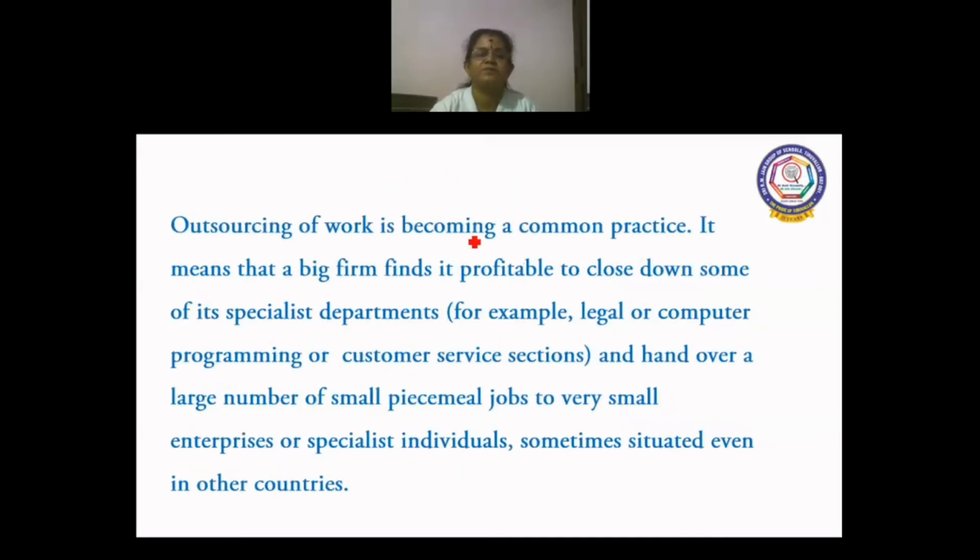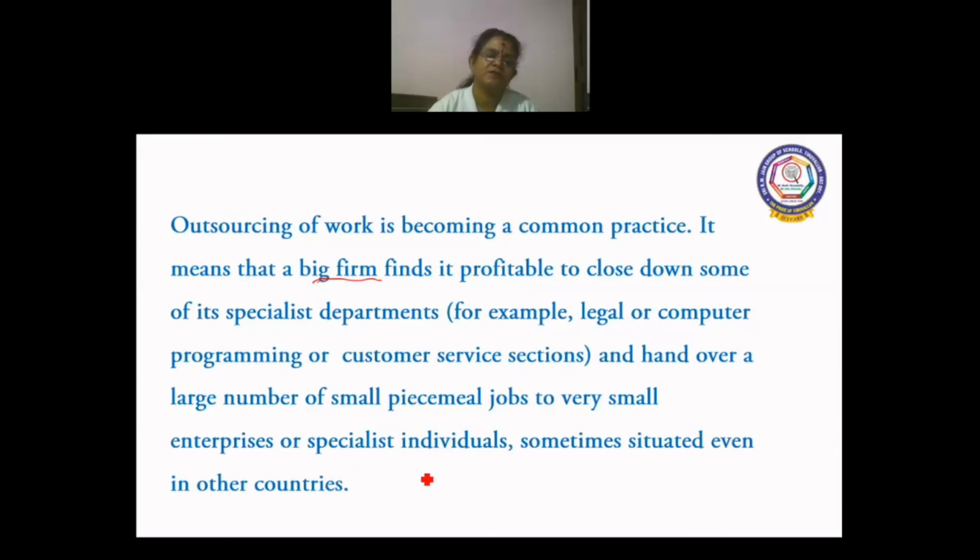Outsourcing of work is becoming a common practice. It means that a big firm finds it profitable to close down some of its specialist departments, for example, legal or computer programming or customer service sections, and hand over a large number of small piecemeal jobs to very small enterprises or specialist individuals, sometimes situated even in other countries. What is the advantage of outsourcing? It is to cut the cost.